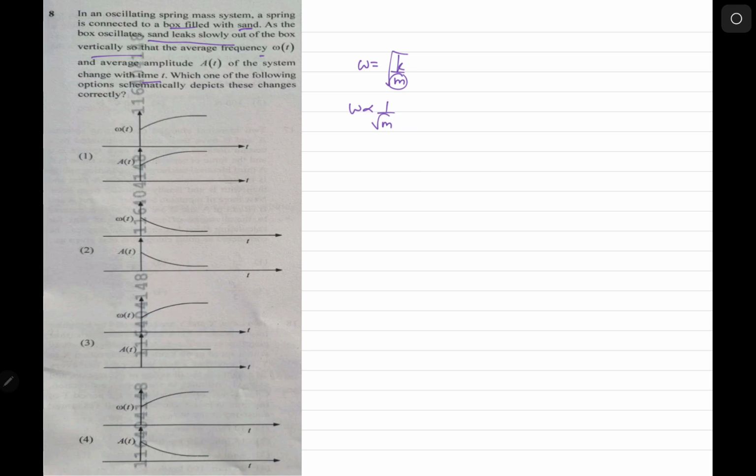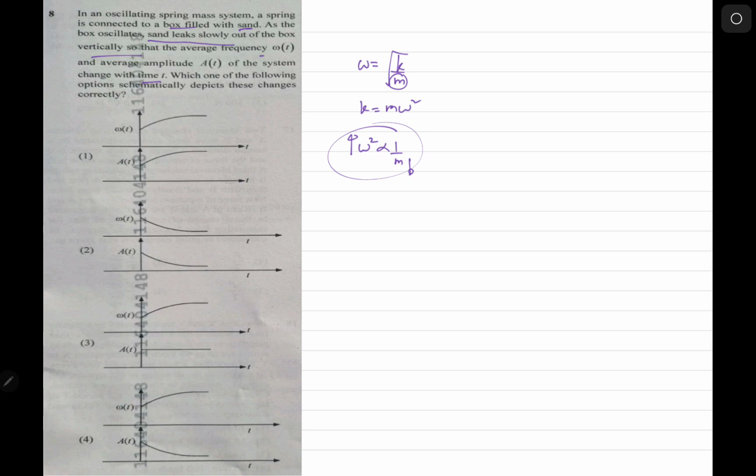If you want to get a relation, K equals M omega square, so omega square is inversely proportional to M. As mass decreases, because the sand leaks slowly, omega will increase. So omega should increase first of all.